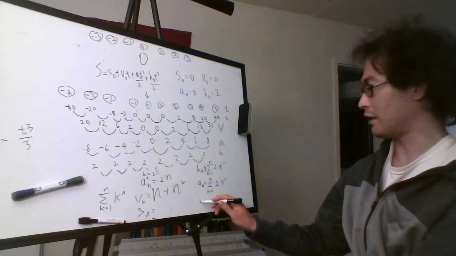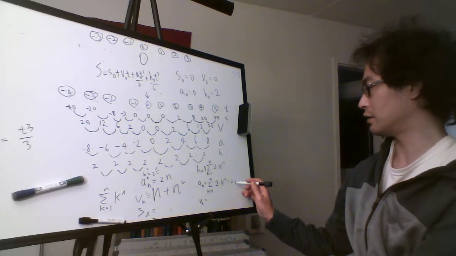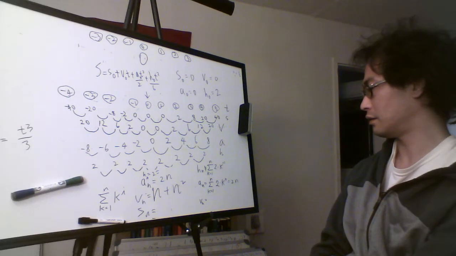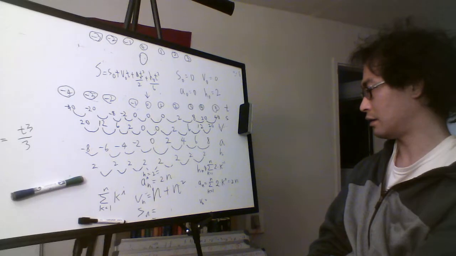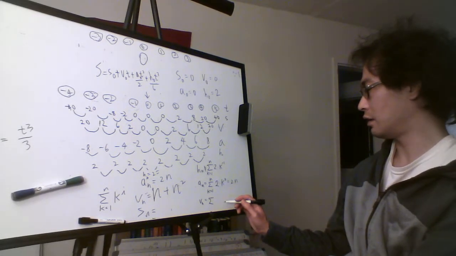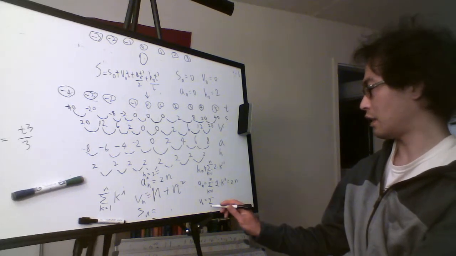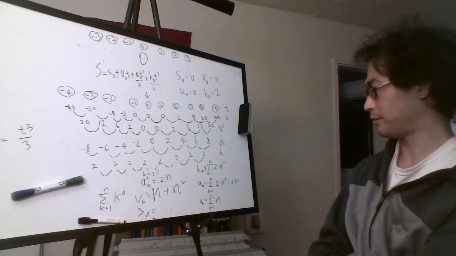Now, Vn, okay? This has 2n, right? So yeah, this is sigma k from 1 to n of 2k, okay?